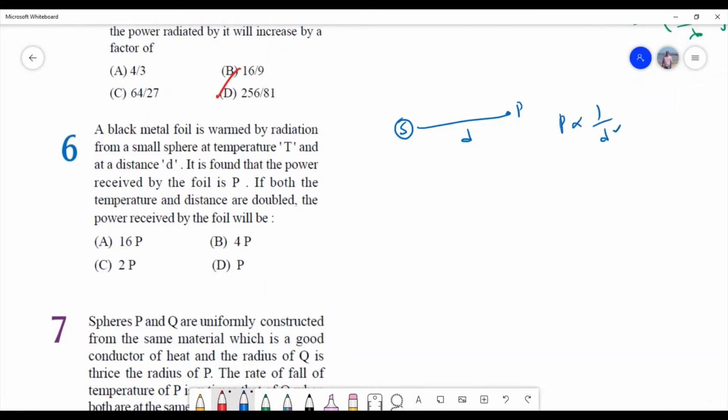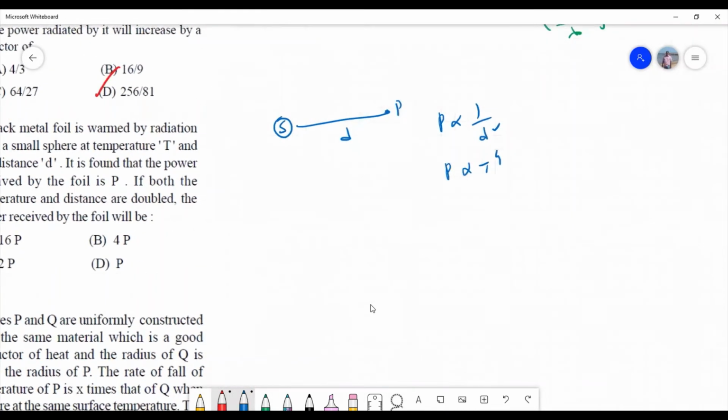At the same time, the power is directly proportional to temperature T power 4. So it depends upon both temperature as well as the distance. So power received is proportional to T power 4 upon D square.